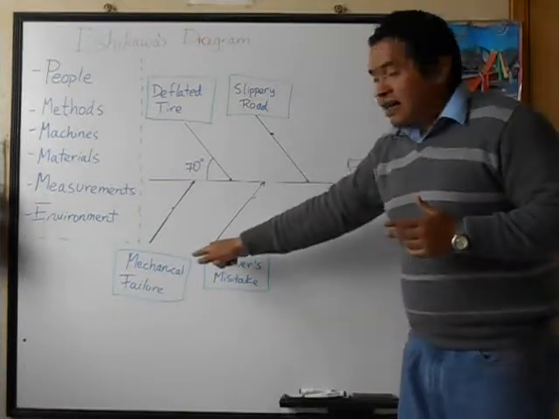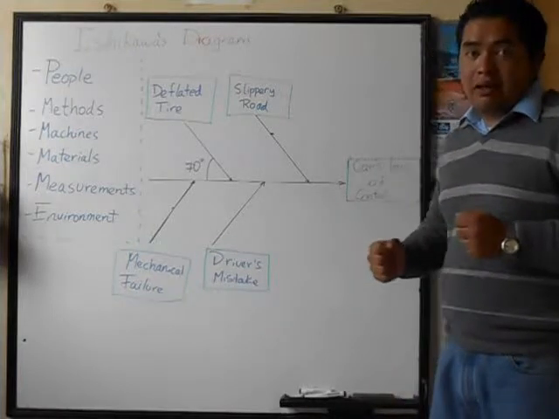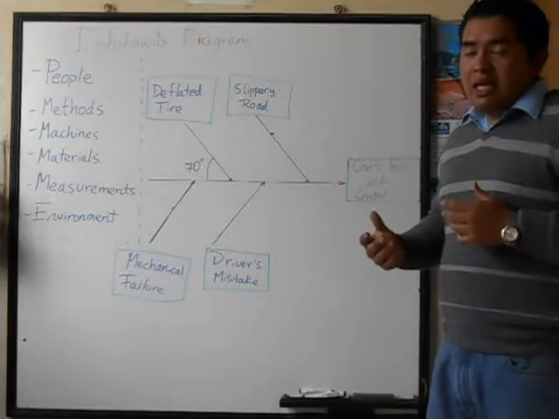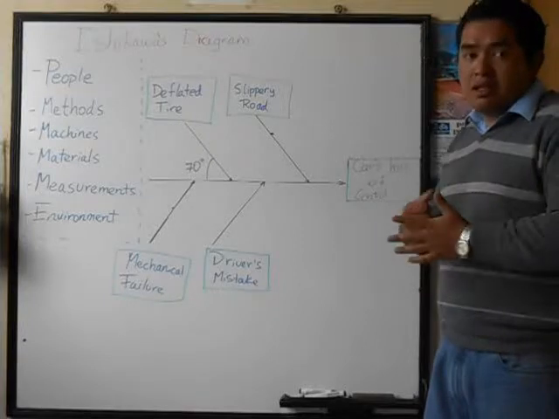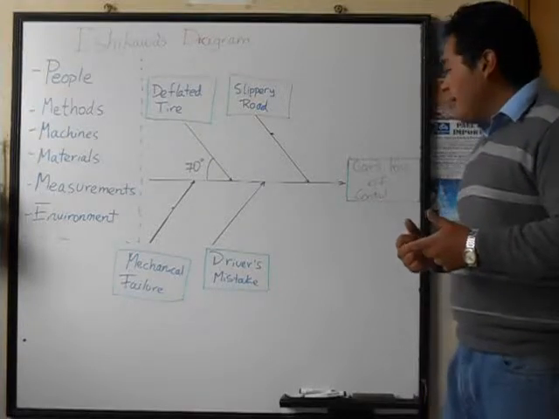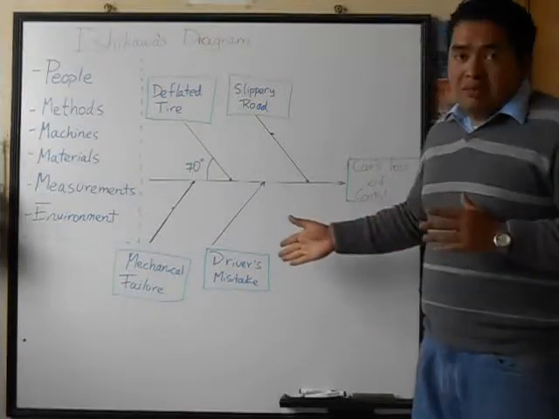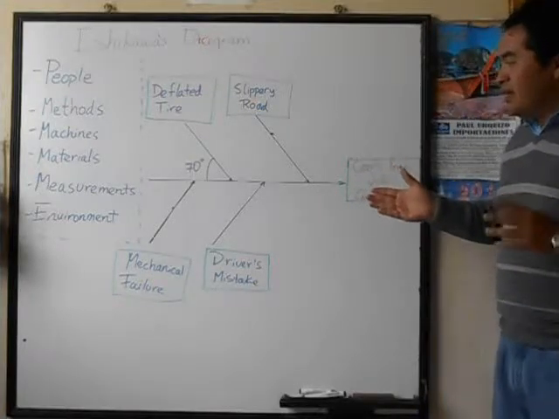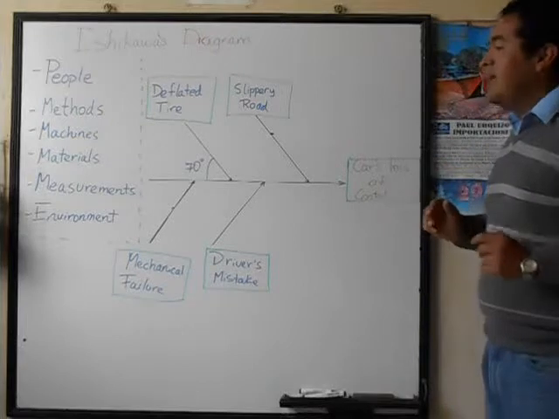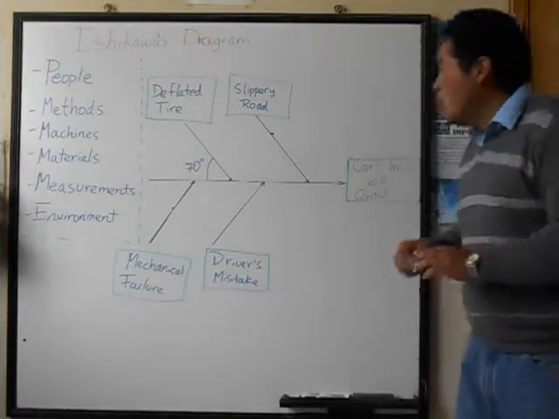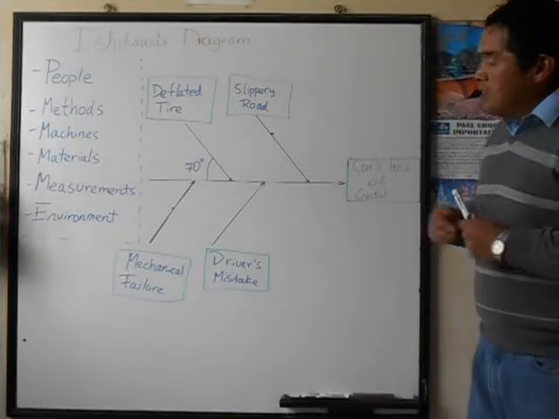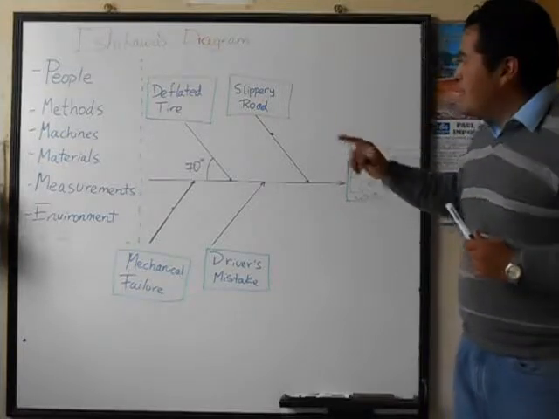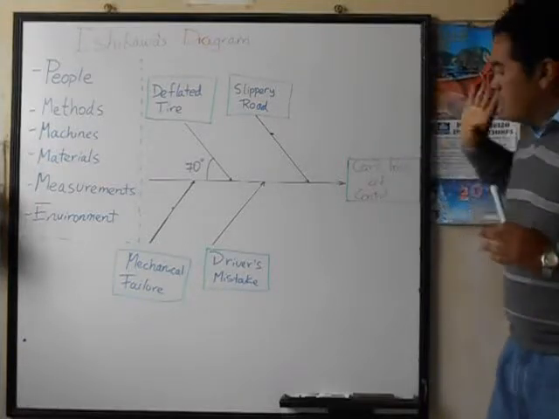Maybe there was a mechanical failure, maybe the brakes weren't working correctly, and this was the reason for the car crashing against the tree. Maybe it was a driver's mistake. These are the main causes.